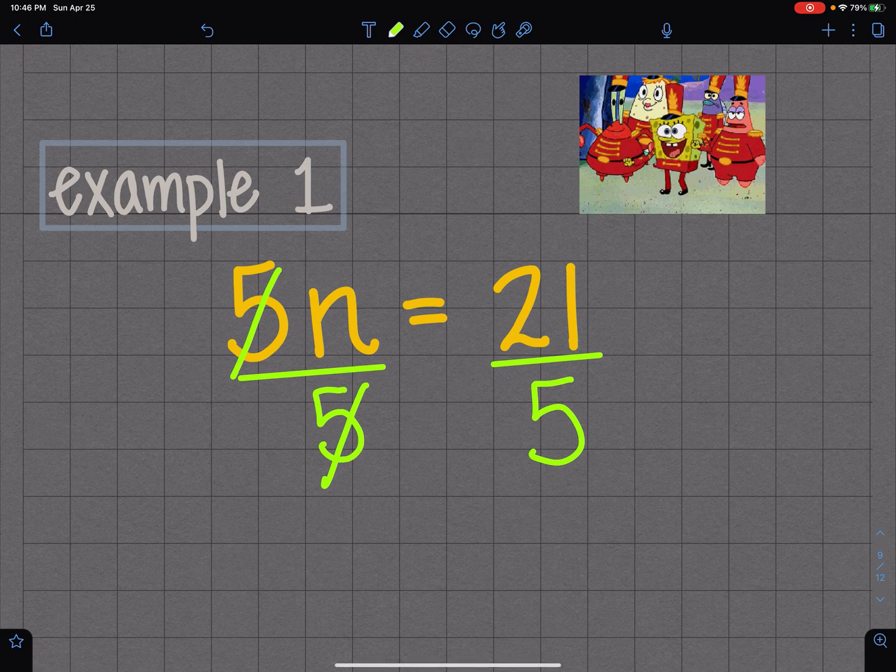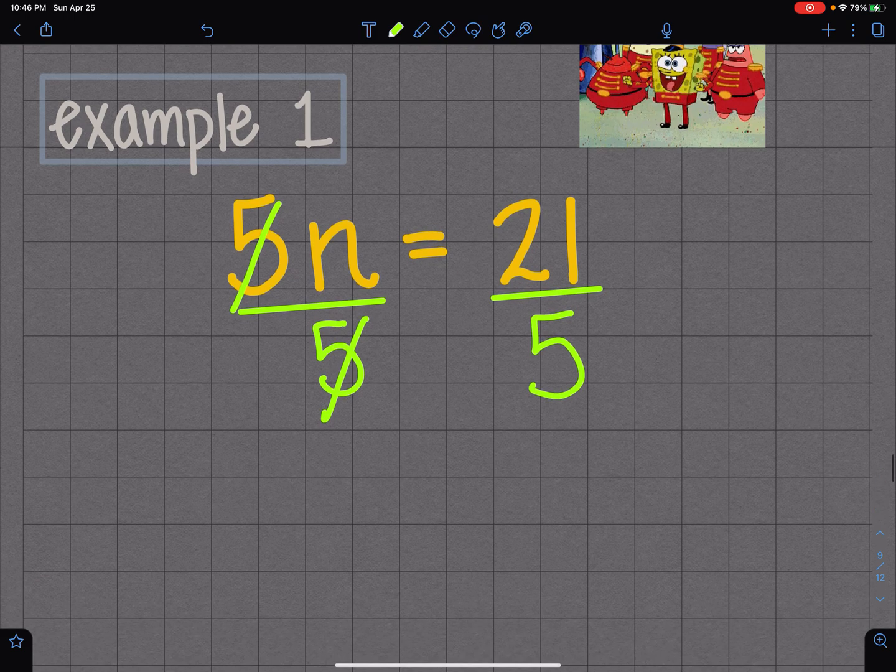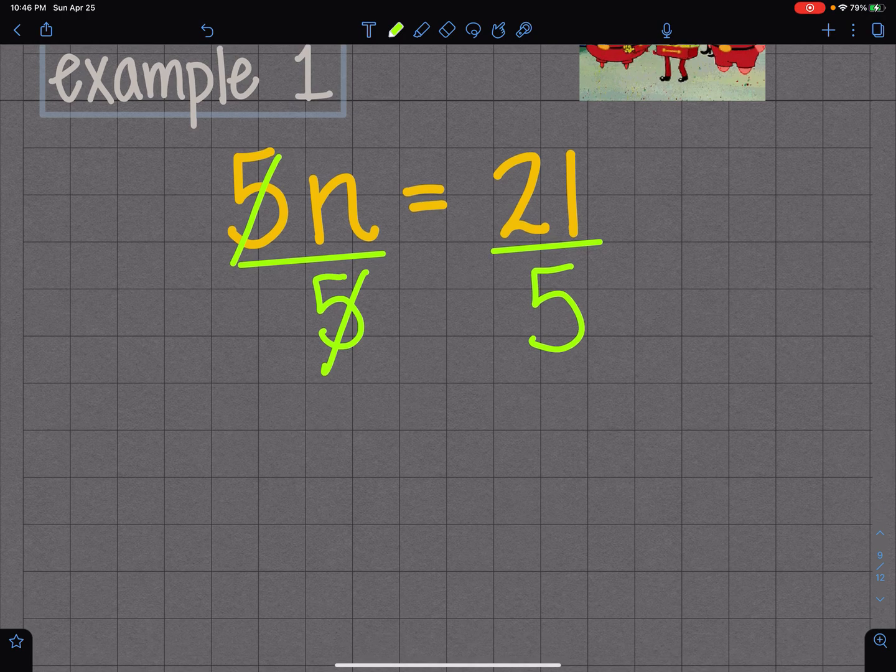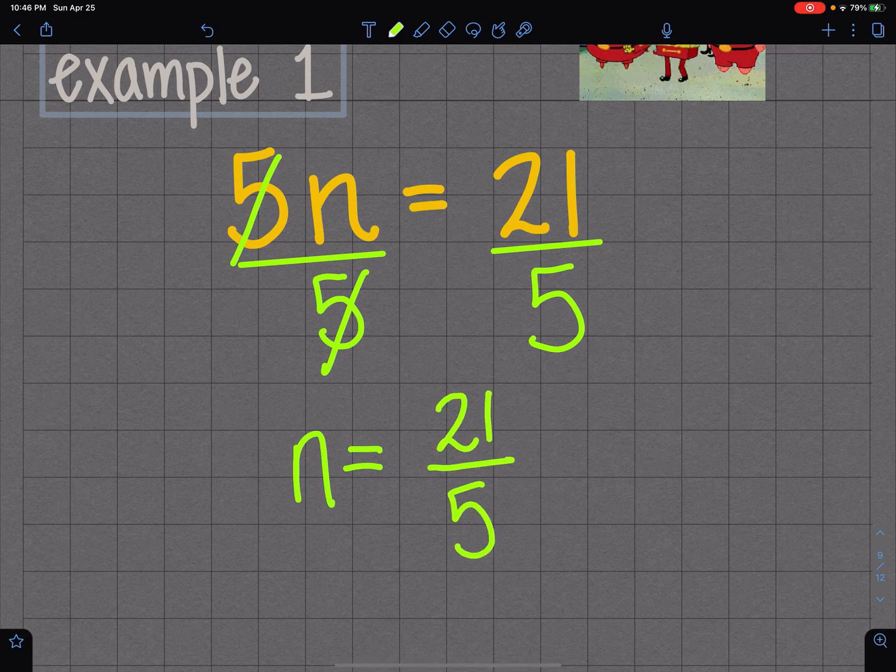They reduce to just the number 1. And when I cancel out the 5s, then what I'm left with is n is equal to 21 divided by 5. And then I get my answer, and I can either plug that into a calculator or I can just divide it. And what they do in your example is they divide it.